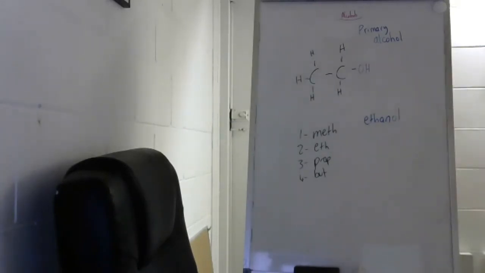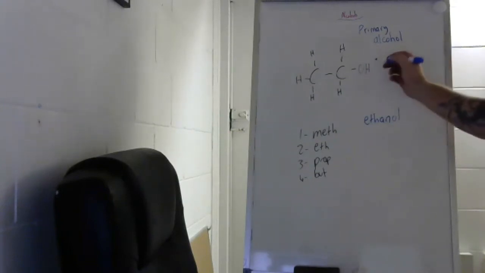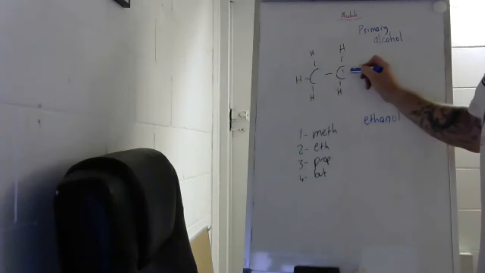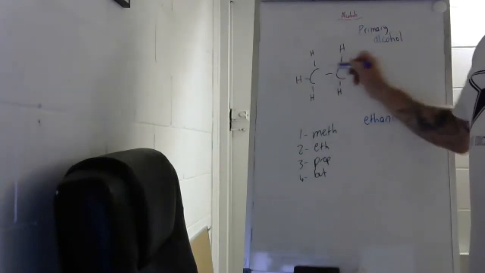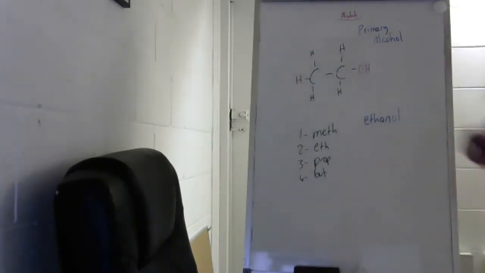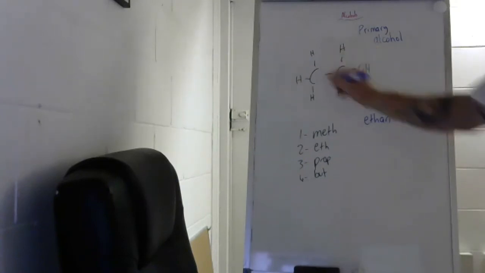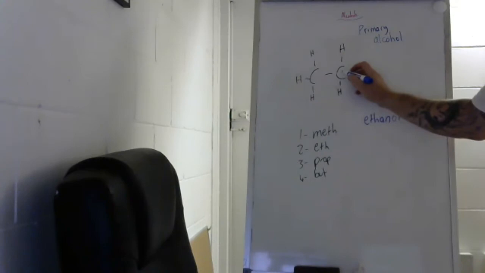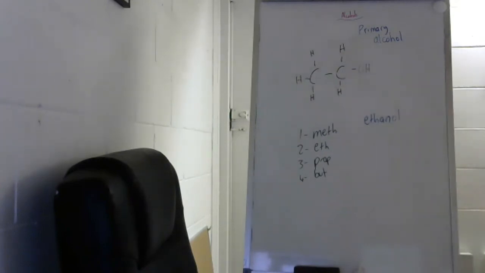Super easy. So primary alcohol: the carbon that the hydroxyl group is attached to is only attached to one other carbon. It's not how many carbons are in the chain, but how many carbons this one here is attached to.